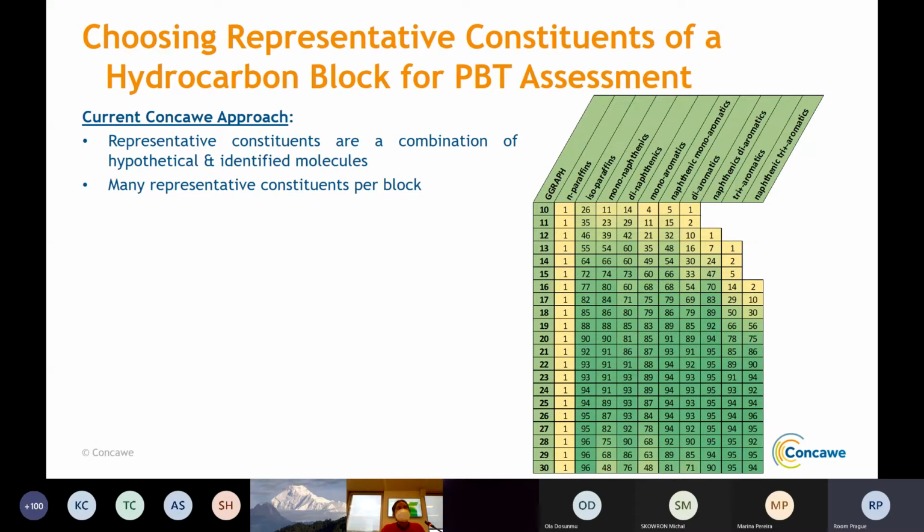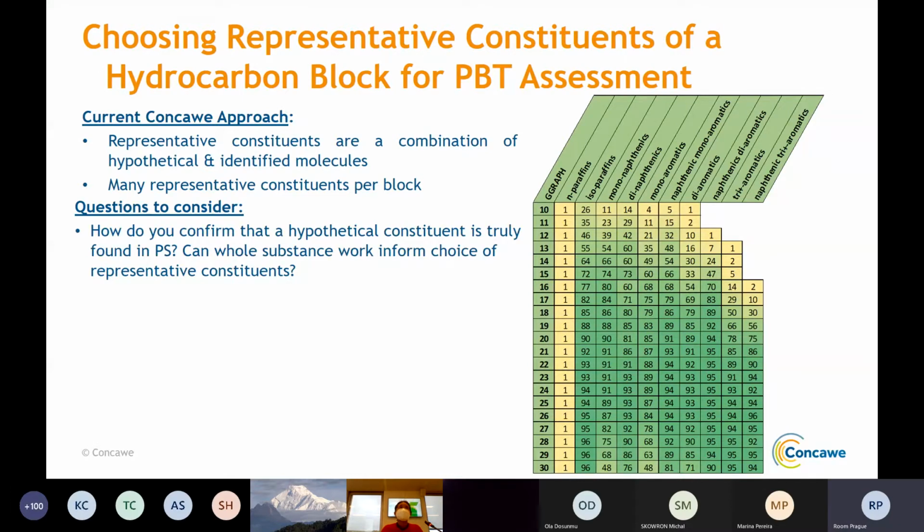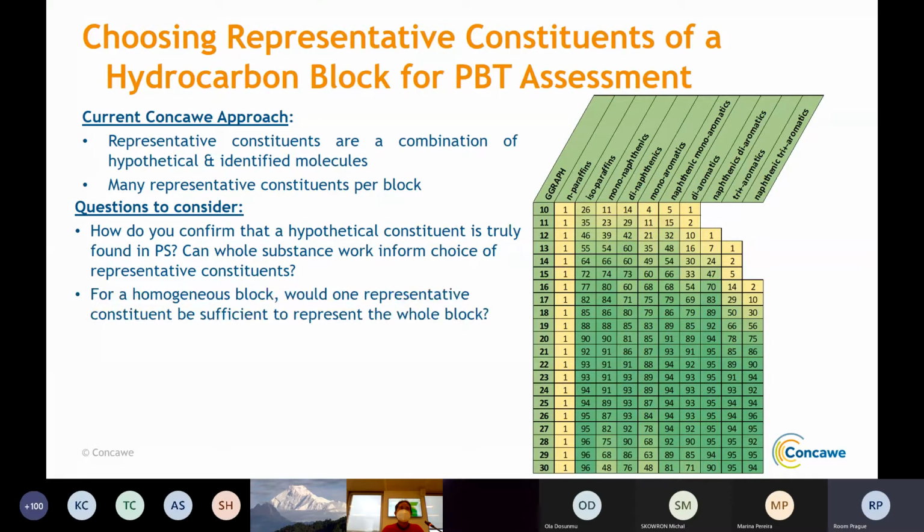So we have many representative constituents per block. But how could we confirm that the constituents that we have here are really in a petroleum substance? Can we do some work on a whole substance to inform our choice of representative constituents? If we have a homogeneous block, is one representative constituent good enough to represent the whole block?